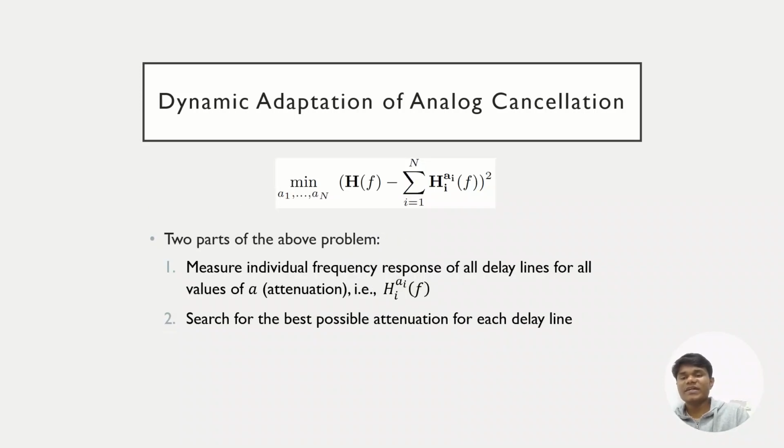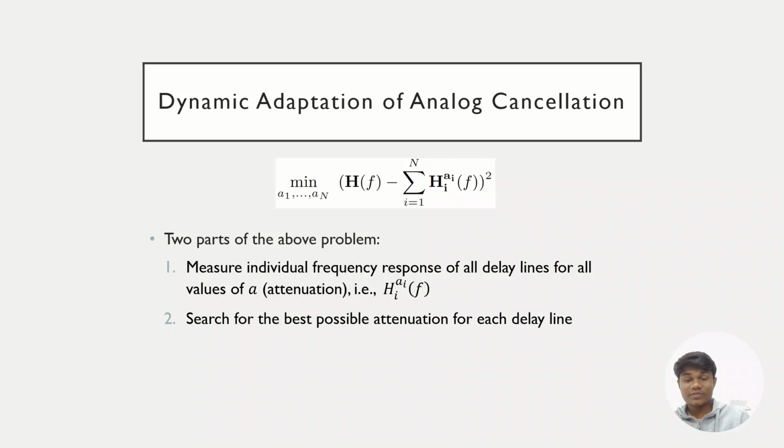And again, for this minimization problem, there are two parts to it. First, measure the individual frequency response of all the delay lines for all values of attenuation, because the frequency response for a given delay line varies with the amount of attenuation it has. And a delay line has 128 different values of attenuation, at least in this case.